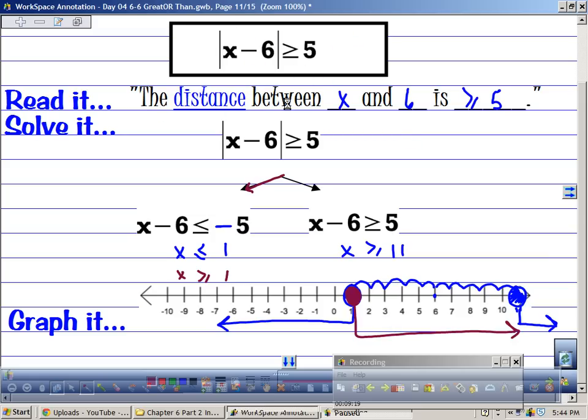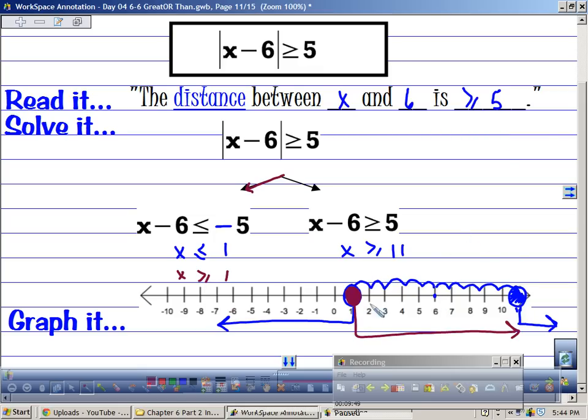This says the distance between x and 6 is greater than 5. So when x is going in this direction, x is 1. So the distance between 1 and 6 and the distance between 6 and 11 is greater than or equal to 5.